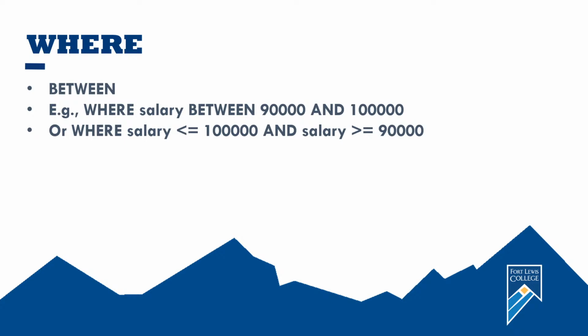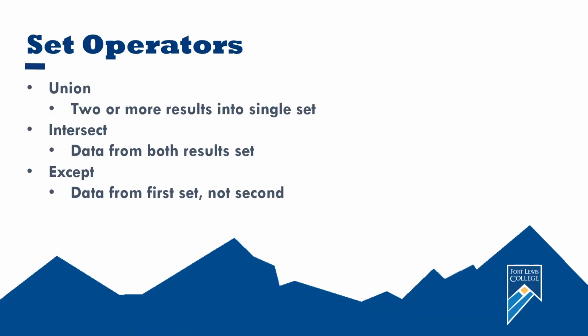So for instance, we can use the between modifier here, and we can say where salary is between 90,000 and 100,000. And let's say we forgot that we have between. Obviously we can also use regular comparisons. So we can say salary less than or equal to 100,000 and salary greater than or equal to 90,000. So a couple different options we have there.